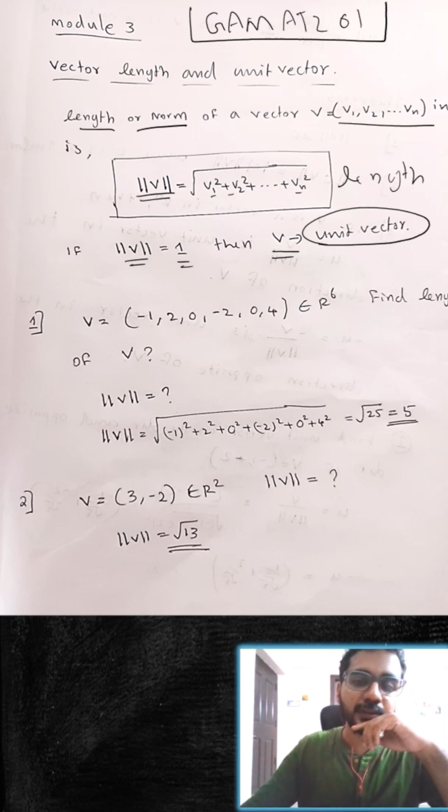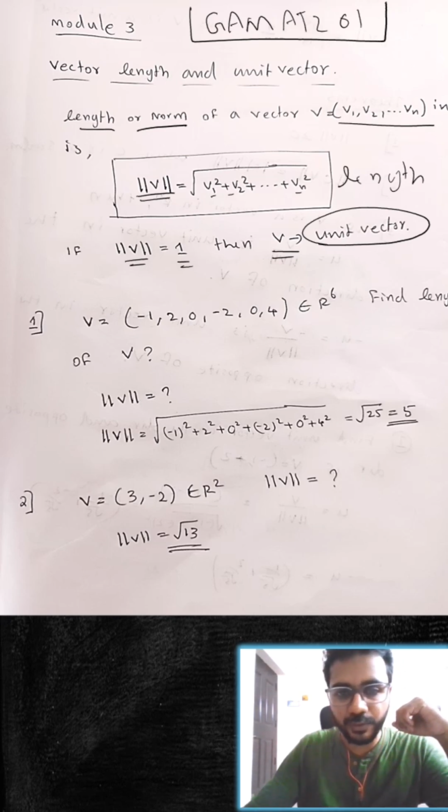So let's go through one or two examples here. Let's say v equals minus 1, 2, 0, minus 2, 0, 4, defined in R raised to 6, that's 6 elements. Find the length of v. We have a formula: length of v equals the square root of this square plus this square plus this square plus this square plus this square plus this square.